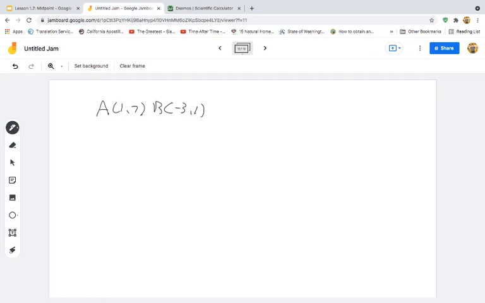So we want to draw the midpoint formula. So M equals x1 plus x2 over 2, comma, y1 plus y2 over 2. Okay, let's go ahead and start plugging everything in. They already told us that B is the midpoint, right?